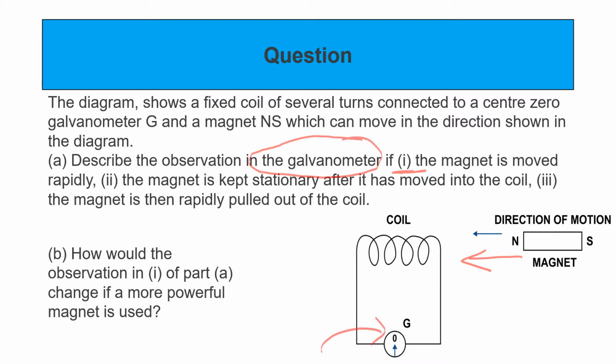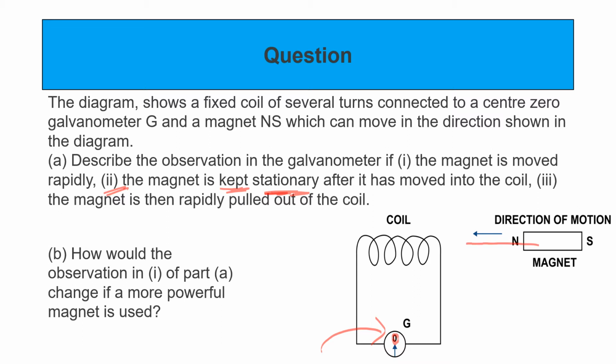Initially, the needle of the galvanometer is showing 0. That means there is no deflection. Now you must observe what happens to this galvanometer needle when the magnet is moved rapidly. Second part is the magnet is kept stationary after it has moved into this coil.